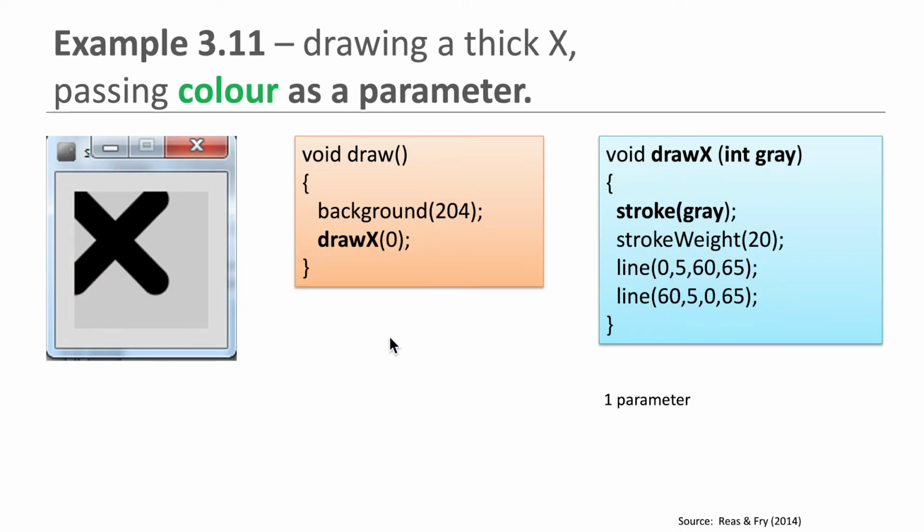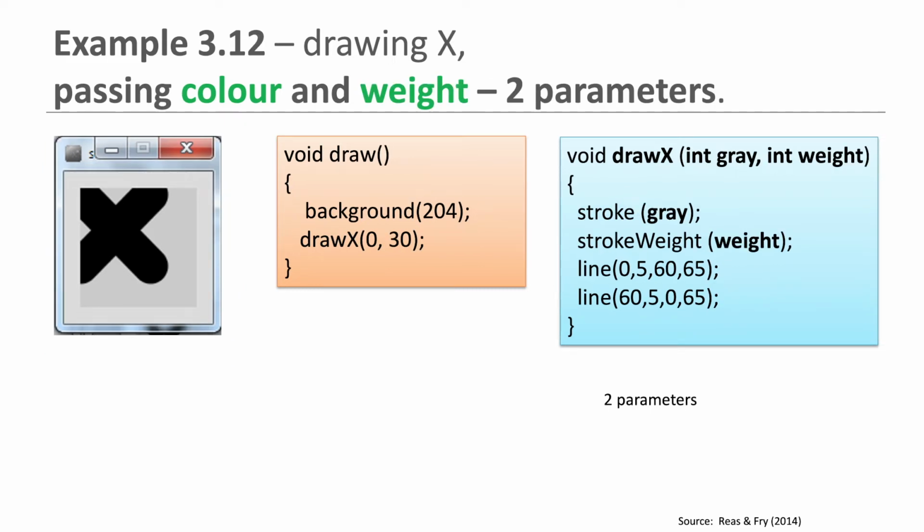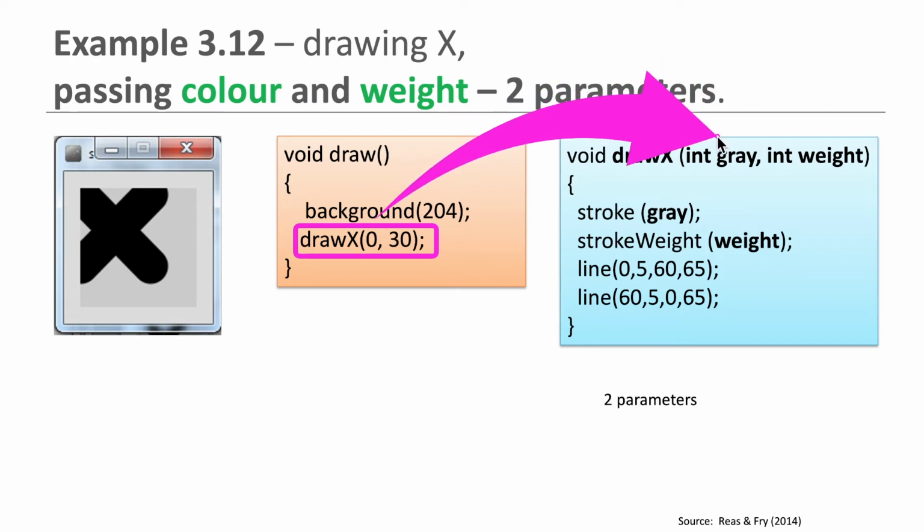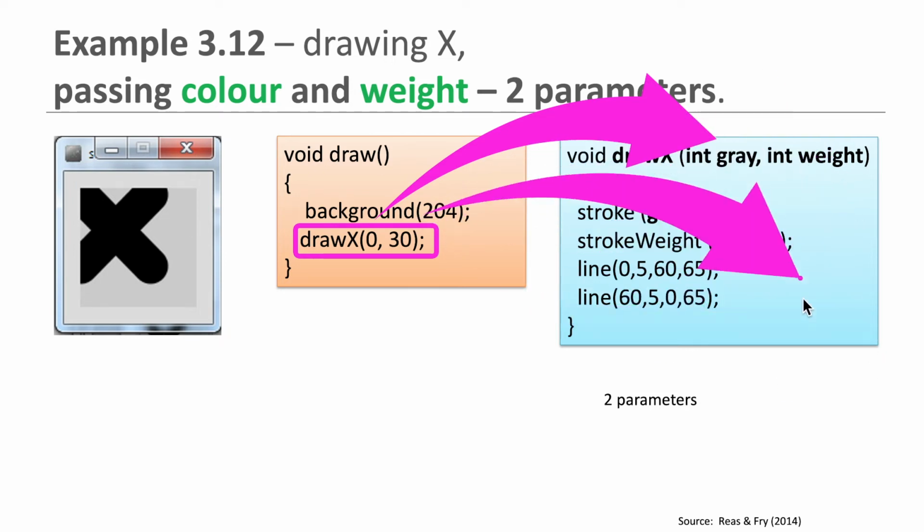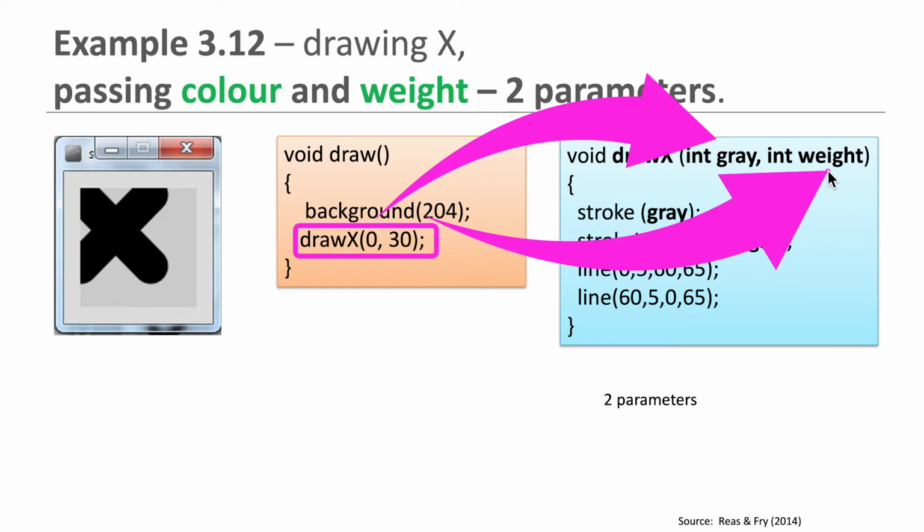Okay, so we've now got one parameter. Let's look at two parameters. This time we're going to specify the weight as well. So we've now got here our method call, and it now takes two parameters. The first one is the color, and the second one is the weight.